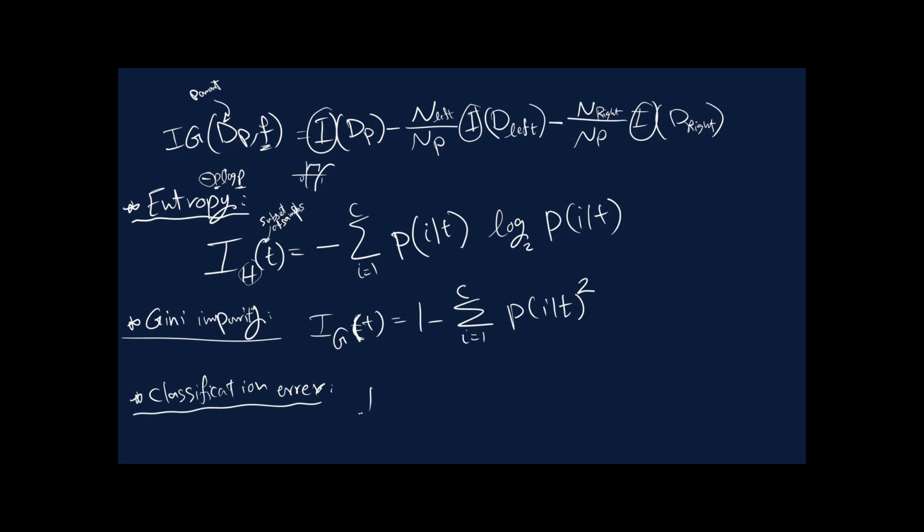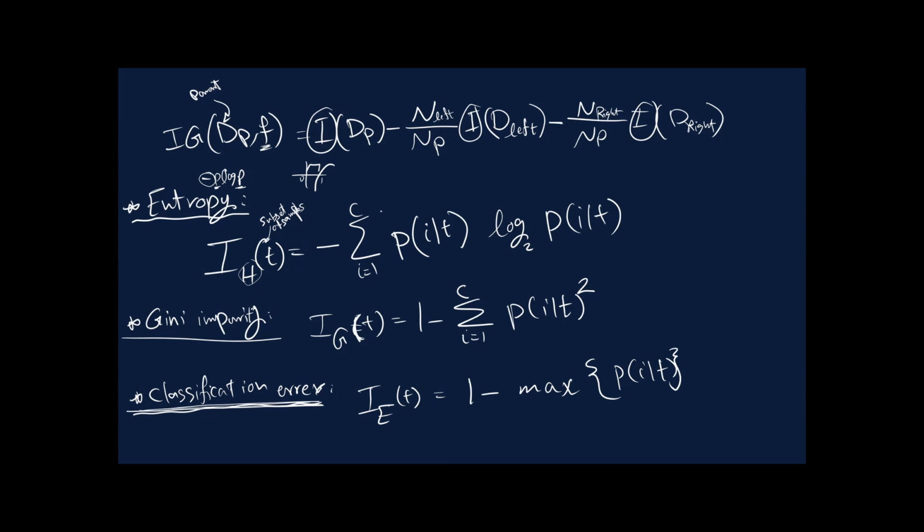And the classification error, i.e. for error, it will be 1 minus the maximum between the probabilities. Okay, so actually this final measure, the classification error, is not very sensitive to changes in probabilities, because when you look at the equations, you would find that here we're looping over different classes, right?